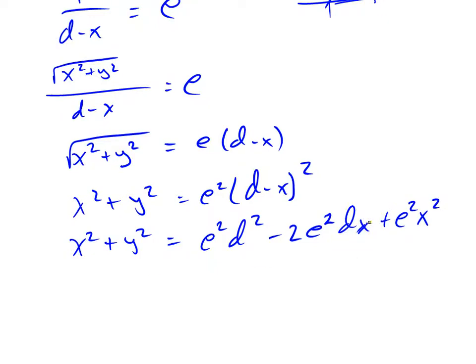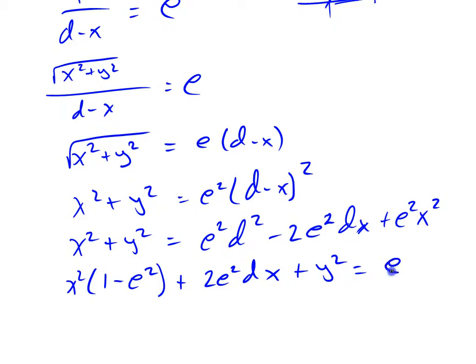That's what conic sections are, as you'll learn in a pre-calc 1 class. So I can collect some like terms here. I've got x squared times (1 minus e squared) when I get the two of them together. I've got a plus 2e squared dx, and I've got a plus y squared equals e squared d squared.